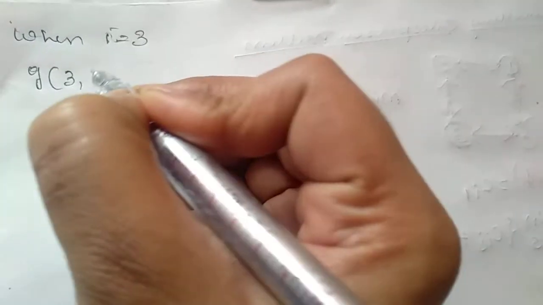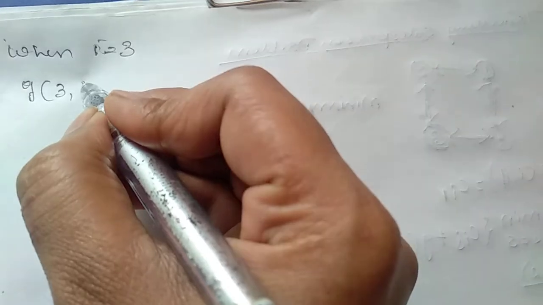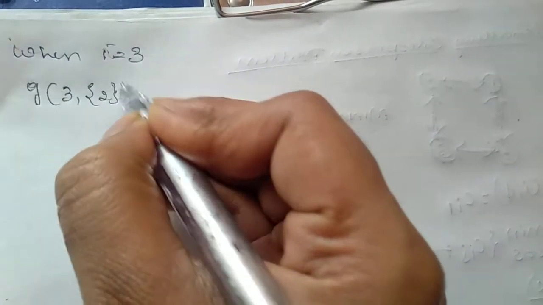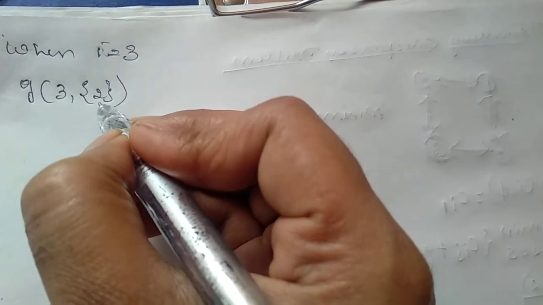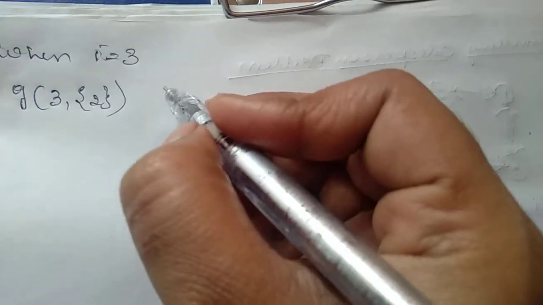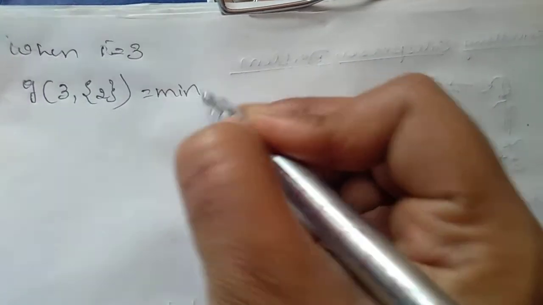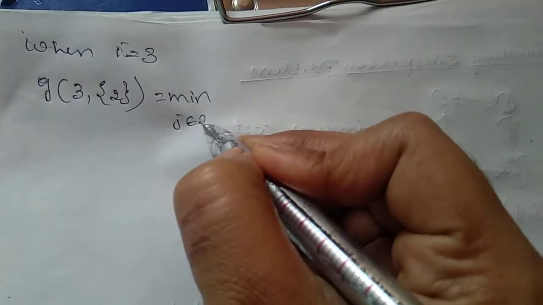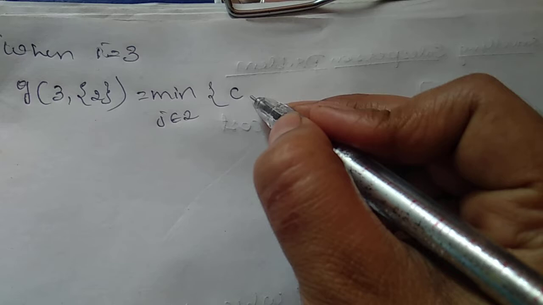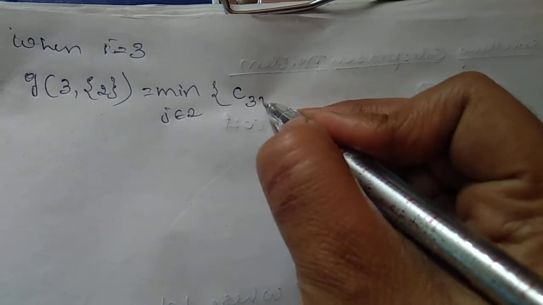So when i is equal to 3, I will take g of i value 3, j value, it may be either 2 or 4. I will take first 2. Inside the set only one element is there, so j is equal to 2 and S is equal to 2. So min, j belongs to 2. Now here C of i, j, i is 3, j is 2.